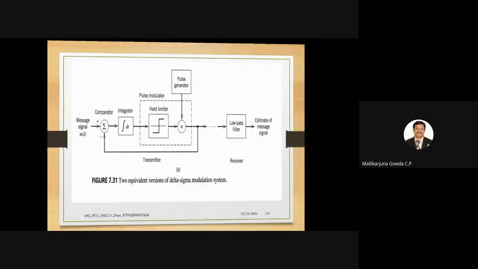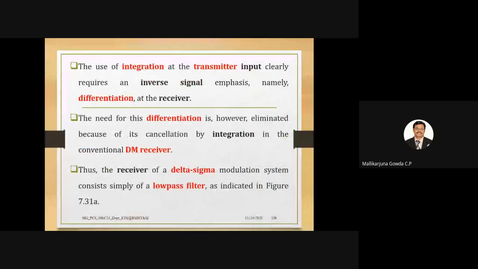Let me say about this one. The use of integration at the transmitter input clearly requires the inverse operation, namely differentiation, at the receiver side. The need for this differentiation is eliminated because of its cancellation by the integration in the conventional DM receiver. So the receiver of the delta sigma modulation consists of simply a low pass filter.